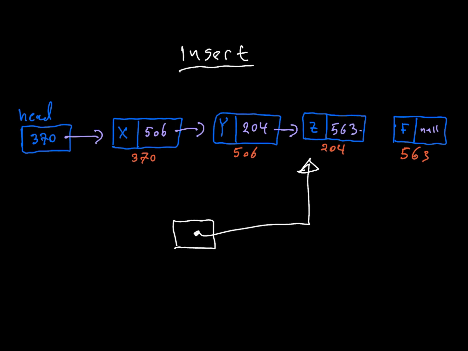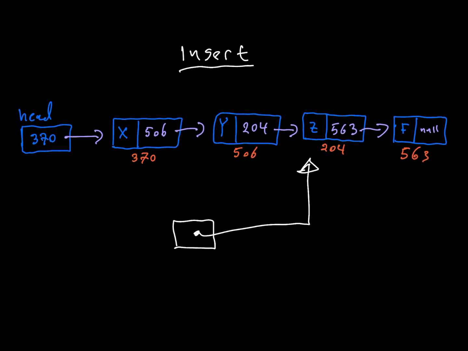It's going to point to our new address, and then we're done, right? This is one implementation. And in this situation, our time complexity would be big O of n, because in the worst case scenario, we would have to traverse through every single node within our linked list to get to the end, and then we could insert the address, right?